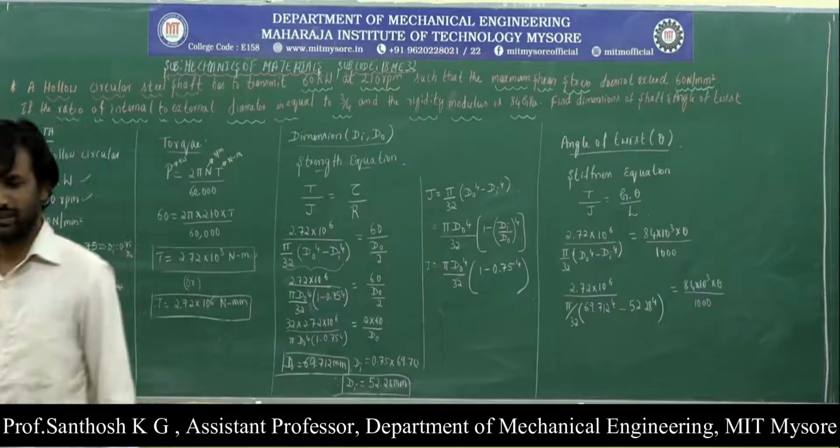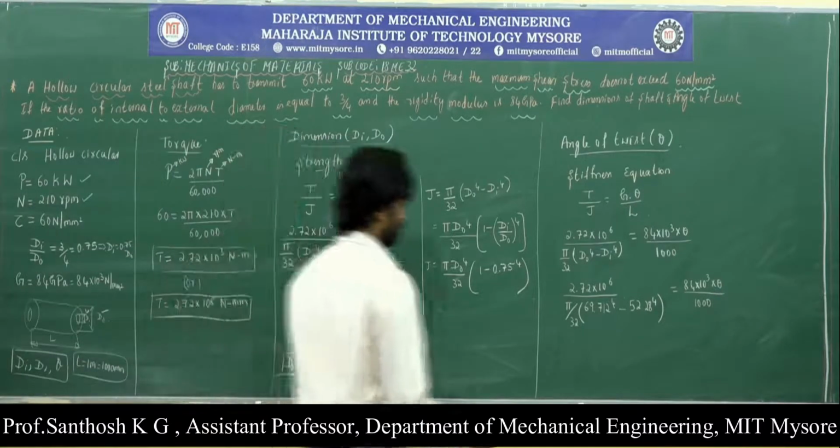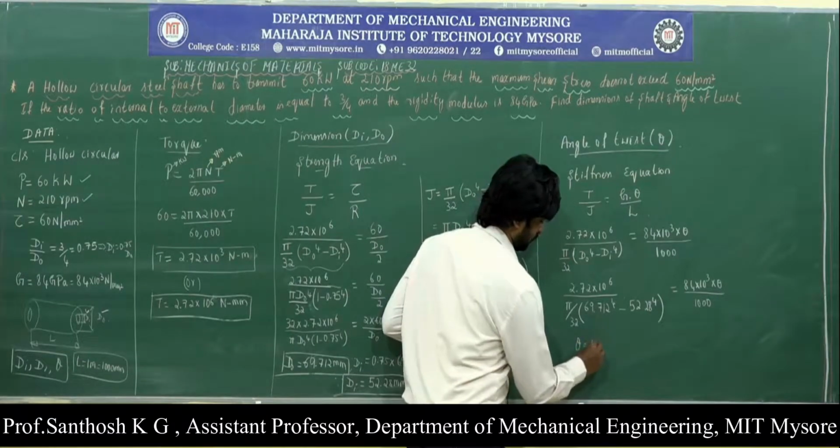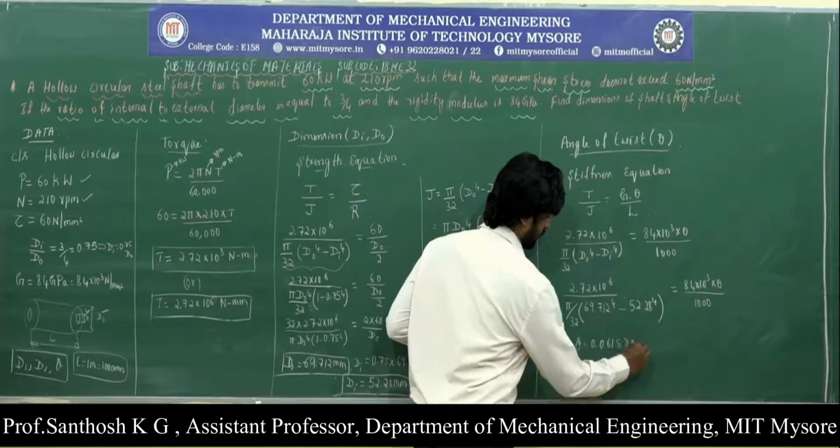If you solve this equation, you are going to get the value of theta. The value of theta is 0.0615 radians.